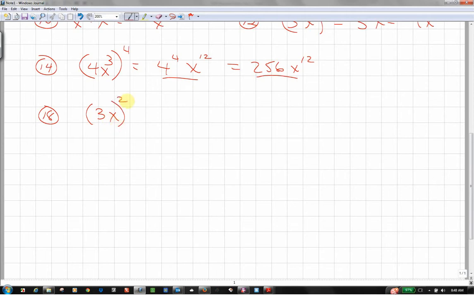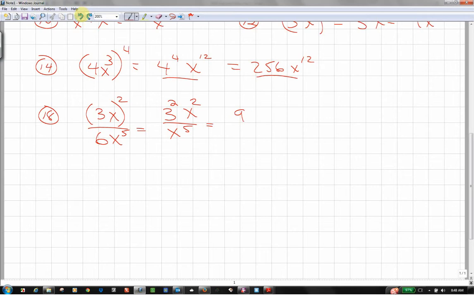So 18 is 3x squared over 6x to the 5th. So the exponents will distribute in the numerator, giving me 3 squared x squared all over 6x to the 5th. 3 squared is 9. So I have 9x squared. Let's take care of the x's too.